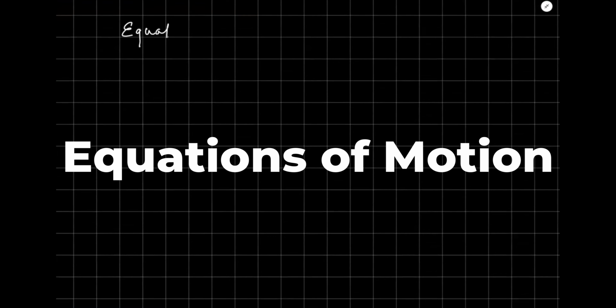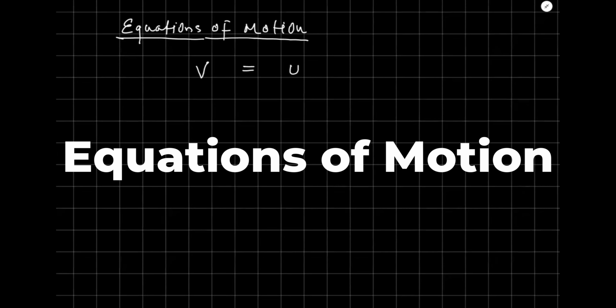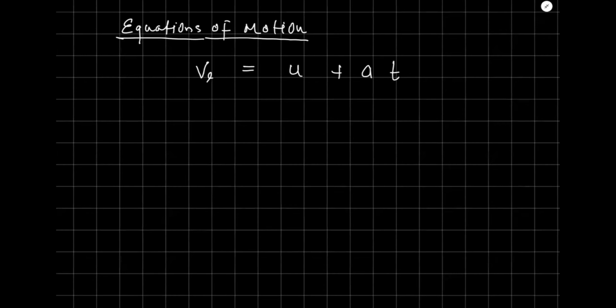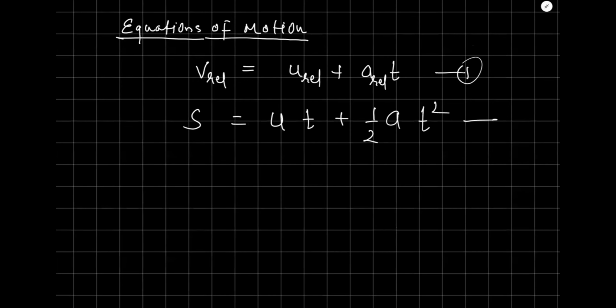Equations of motion. Our first equation was v equals u plus at. So here we write v relative, u relative and a relative. The second equation of motion, s equals ut plus half at square. Here also we'll use the relative position, relative initial velocity and relative acceleration.